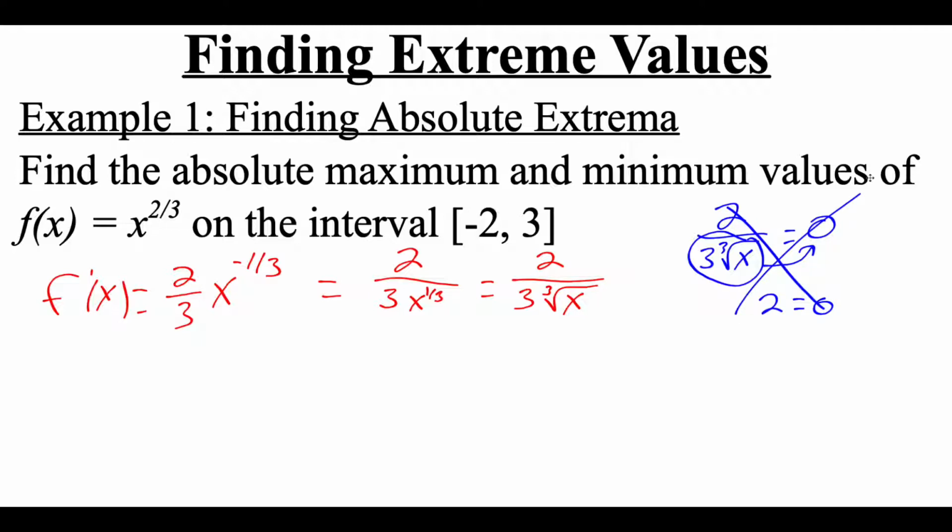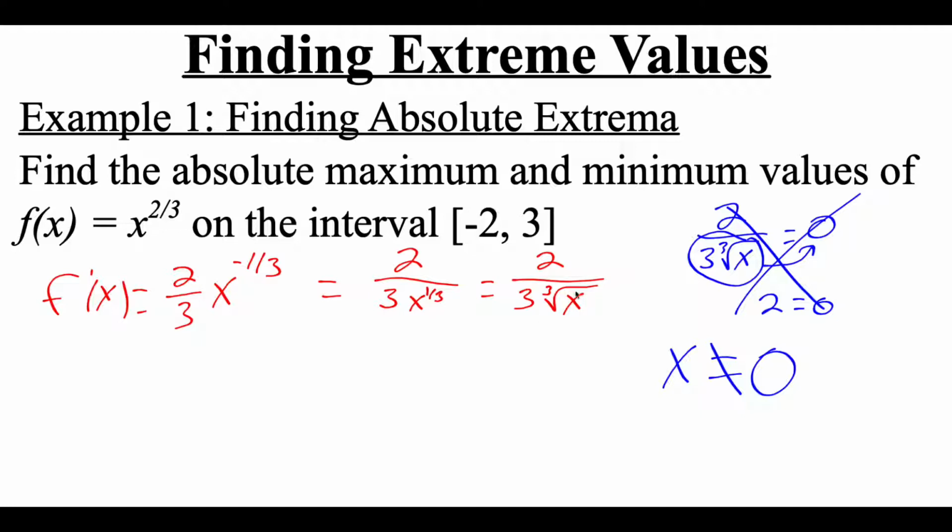The next thing I would look for is any places where the derivative doesn't exist. And since we're talking about a fraction, I would be concerned about 0 happening on the bottom of the fraction because you're never ever allowed to divide by 0. So as I'm looking at this, it would not be safe for me to plug 0 into this equation, because if I plug in 0 for x, do the cube root of 0, it's still 0, multiply that by 3, we get 0 in the denominator of the function.